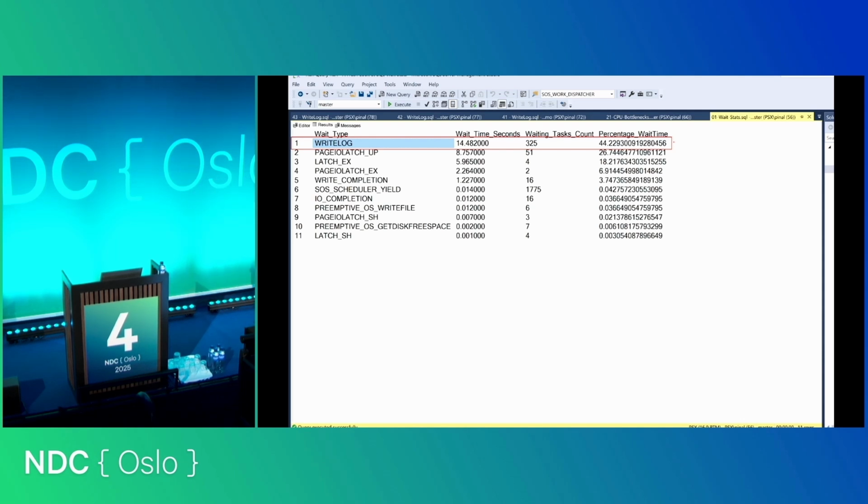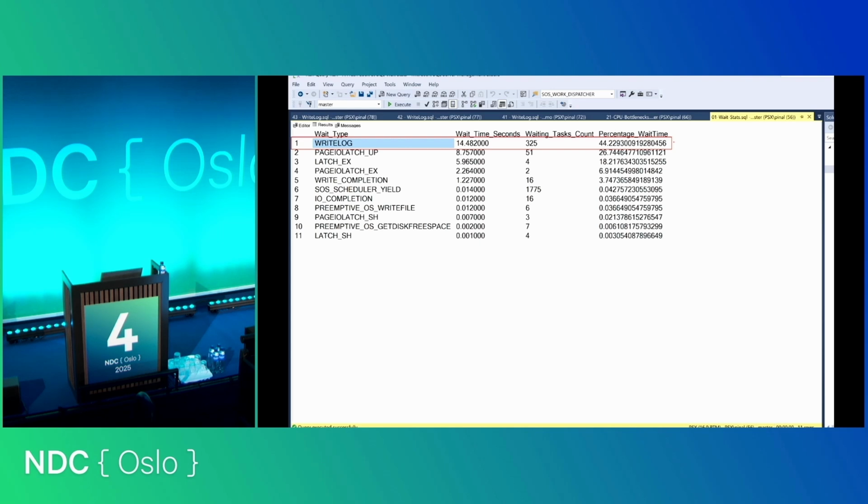Sometimes, when inserts are not running fast, we just spend time saying maybe the indexes are there, we need to drop the indexes. How many columns are we inserting? How much data do we have? Actually, we should check the wait statistics first and see what exactly is going on under the hood. Here it tells me write log is an issue.